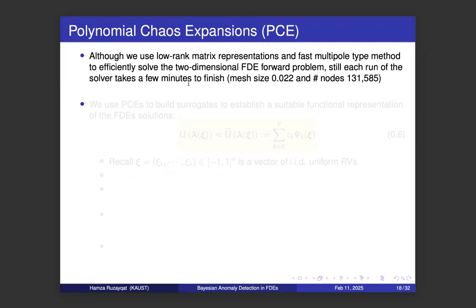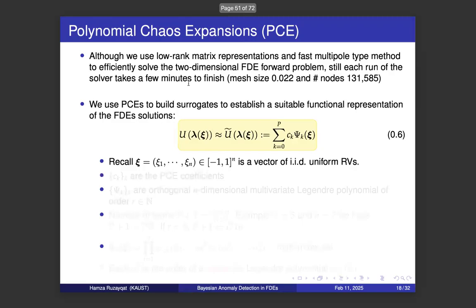And therefore, we consider a different approach where we estimate the solution of the fractional diffusion at a given random input to be given by this summation, called the polynomial chaos expansion. Here, recall that xi is a uniform random vector on -1, 1 to the power n.